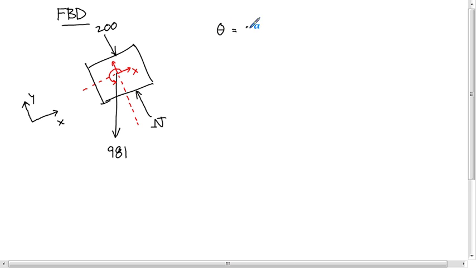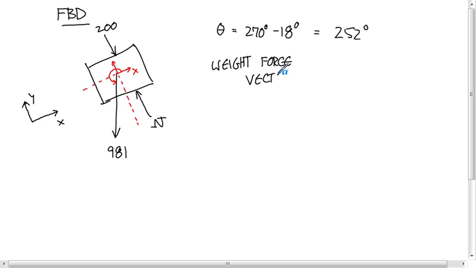So theta is equal to 270 minus 18, which is 252. So the weight force vector is 981 times the cosine of 252, 981 times the sine of 252.